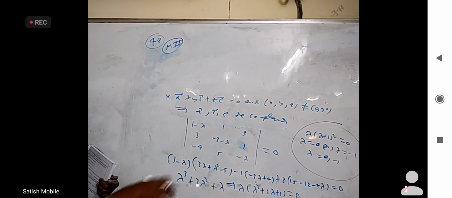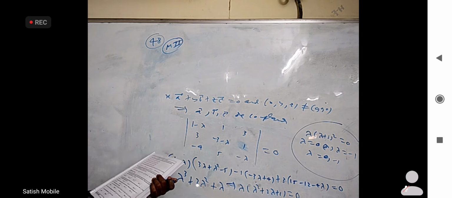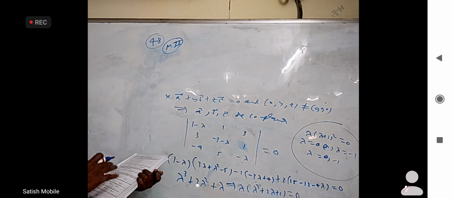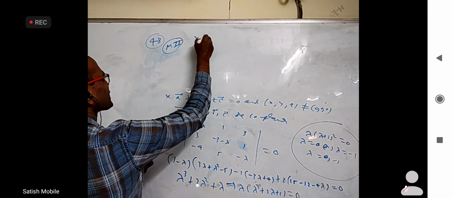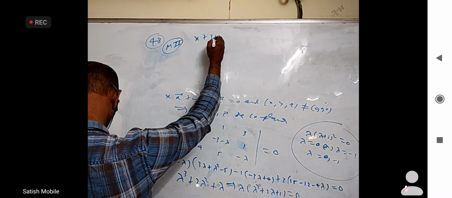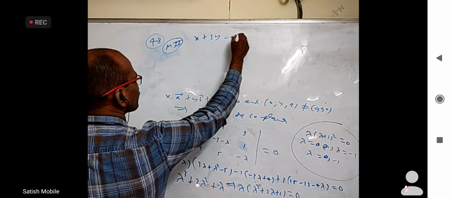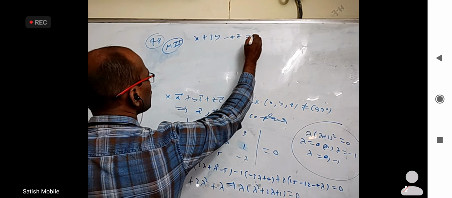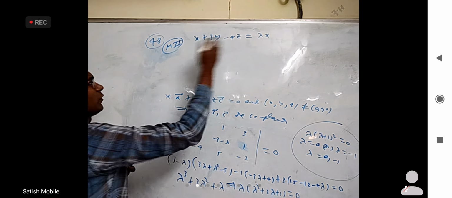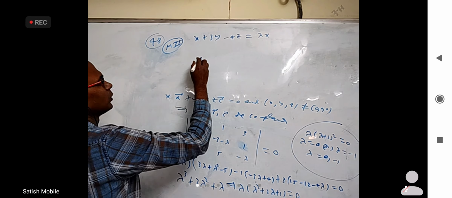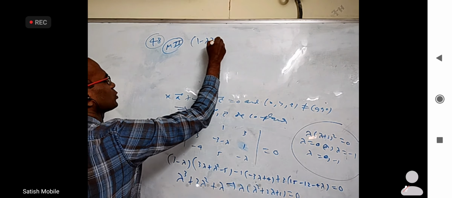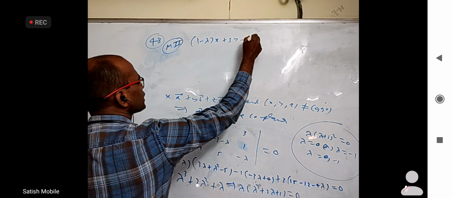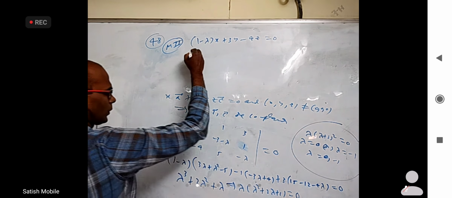Okay, method 2, the final answer will come the same, the beginning approach will be different. If you equate i coefficients, you will get x plus 3y minus 4z equal to lambda x. If you bring that side, you will get 1 minus lambda into x plus 3y minus 4z equal to 0.